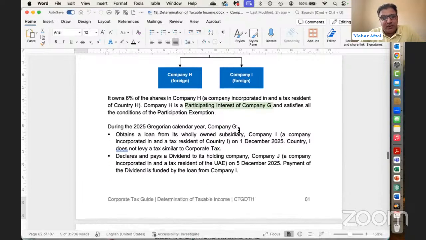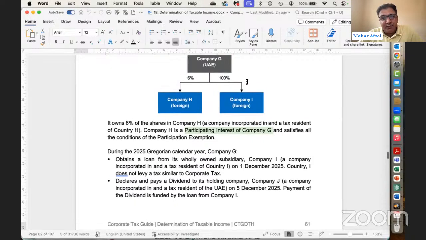During the transaction, company G has taken a loan from its wholly owned subsidiary I, a company incorporated in a country where 9% tax is not applicable. You need to keep in mind that whenever we take a loan from a related party and this loan is used to pay a dividend or a share redemption, then we cannot claim that interest unless the lender is subject to tax at 9%.